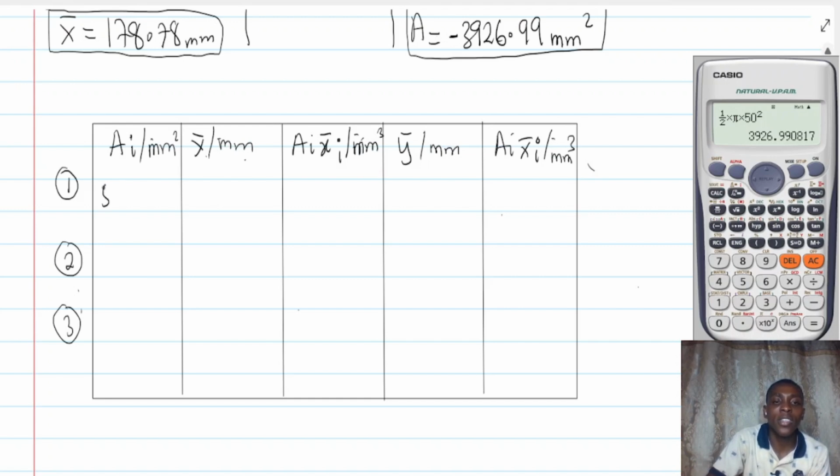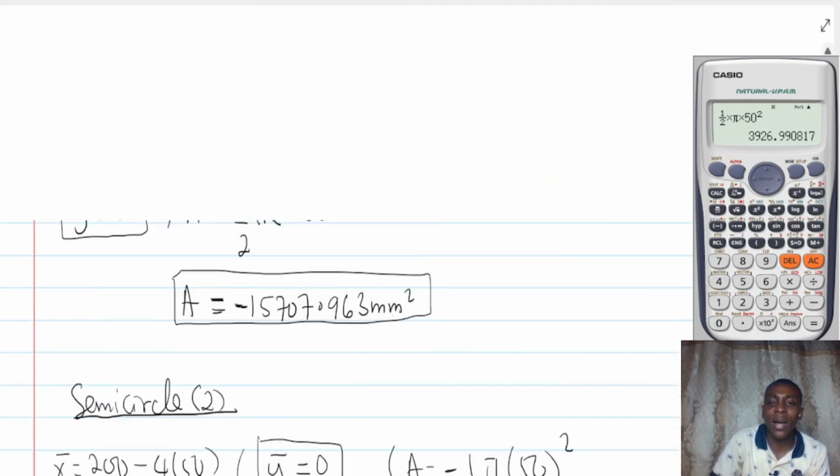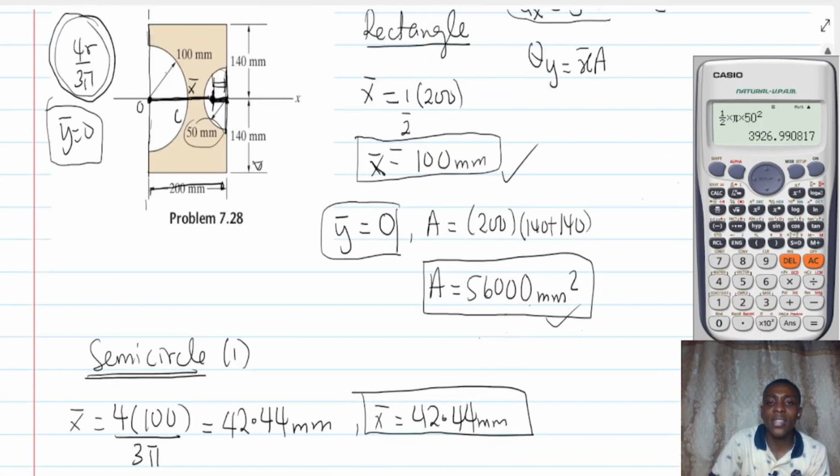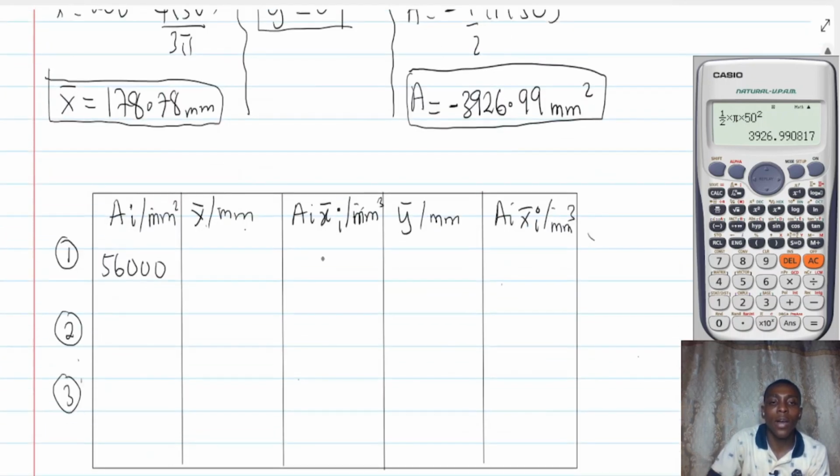So 56000. What is x bar? X bar is 100, isn't it? X bar is 100. For y bar, it is actually 0. You don't need to bother about it.